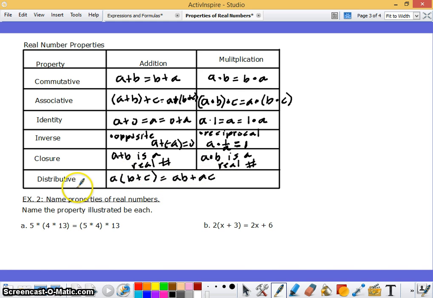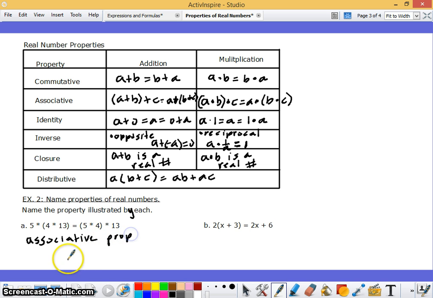So our next example, name properties of real numbers. We want to name the property illustrated by each. So 5 times 4, and then times 13, is equal to 5 times, 4 times 13. Well, that looks like it's going to be the associative property of multiplication.